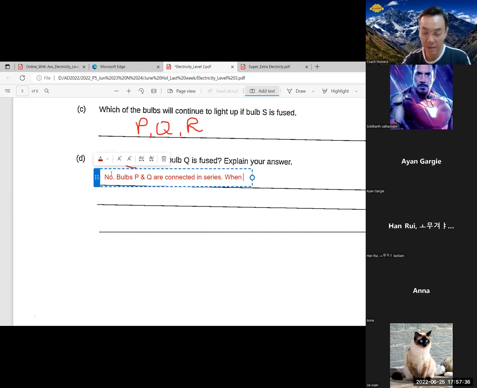When bulb Q is fused, it creates an open circuit.